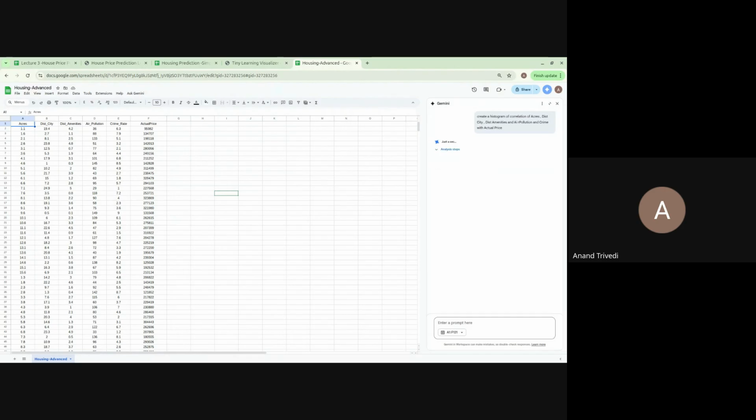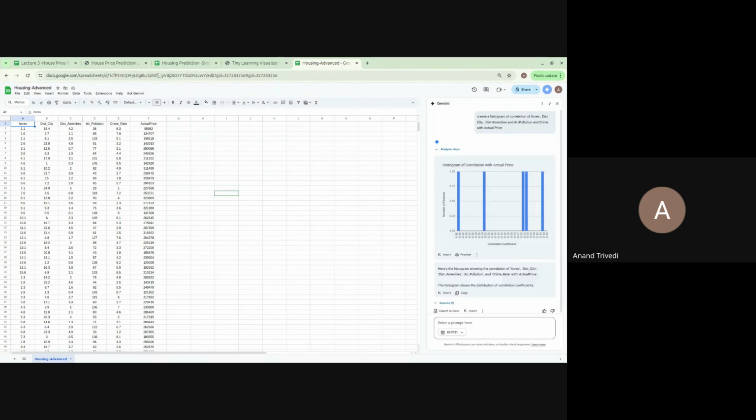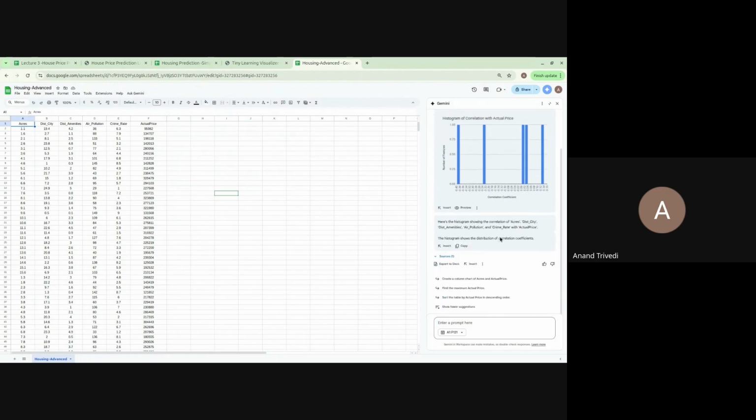Let's see if it is able to create one. No, this is not the right histogram.